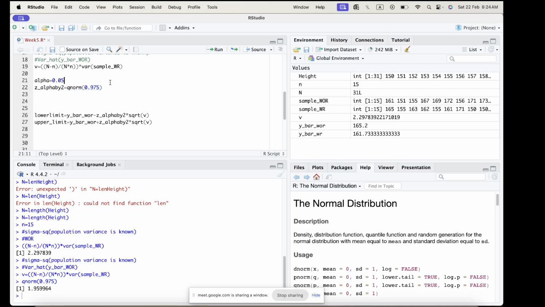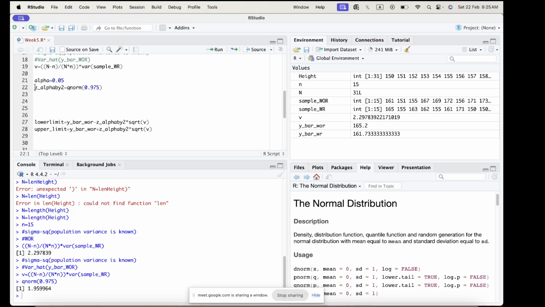Okay, just remember this value: Z alpha by 2 is close to 1.96, given alpha is 0.05. That is important, not for all alpha.